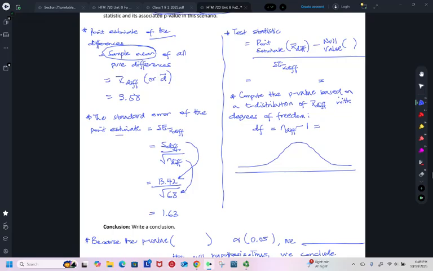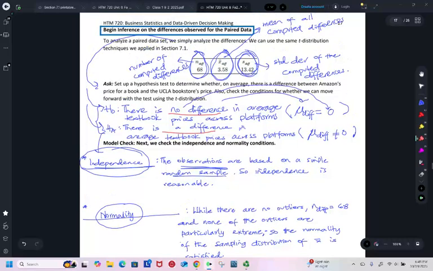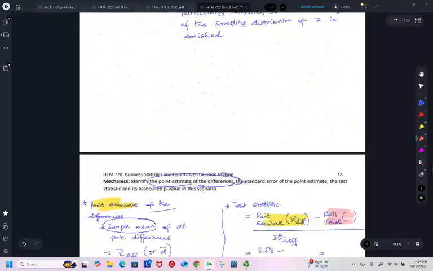Once you have the standard error, you would use these two values, the point estimate right here, and that would be 3.58 minus the null value. The null value is the value in the null hypothesis, which is 0.